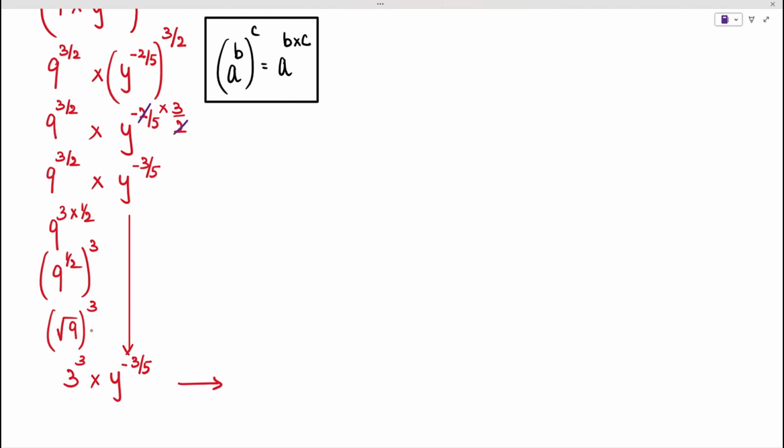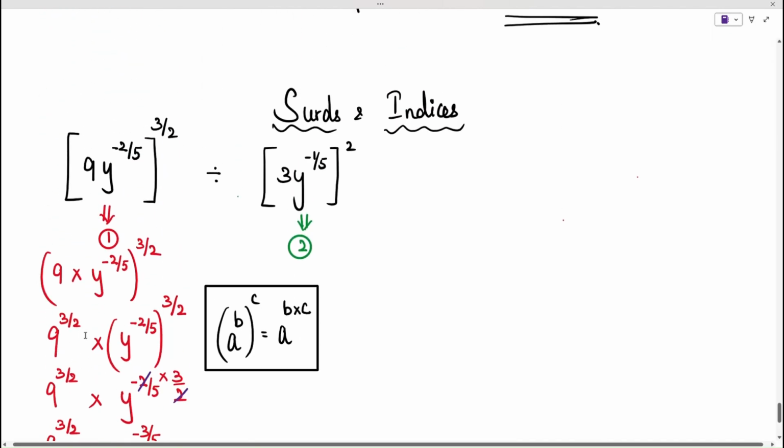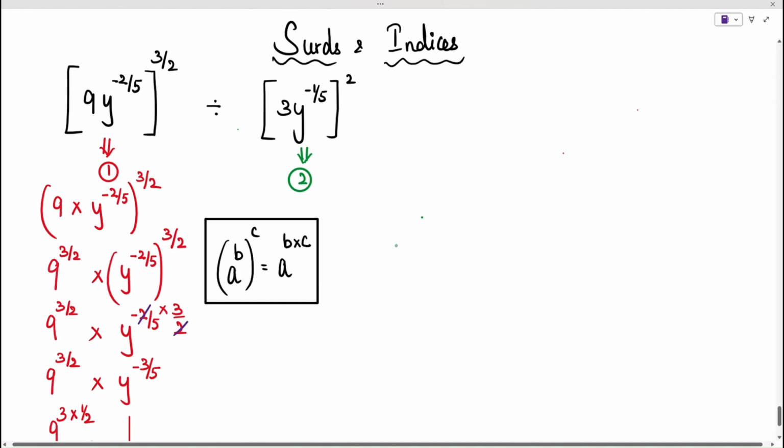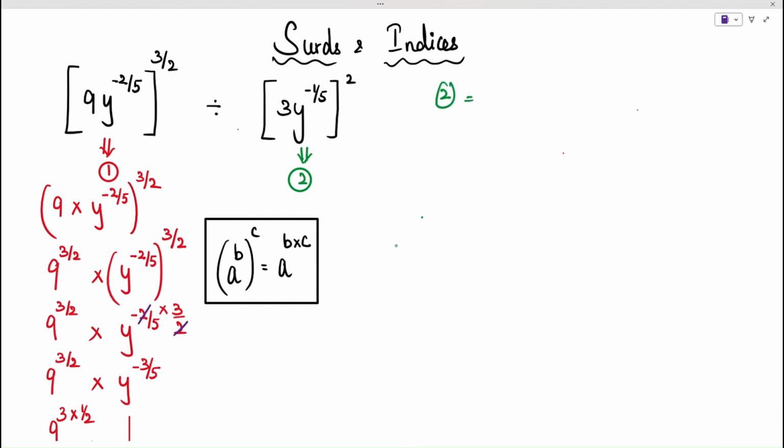Now we're going to approach part 2. So we have our finalized form of part 1, and we can approach part 2 now. Once again, we're going to start off by separating our 2 values. So we get 3 times y to the power of minus 1 over 5, the whole squared. We will now raise our values to the indices.